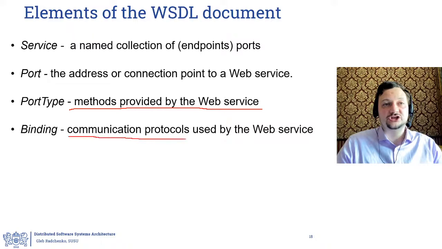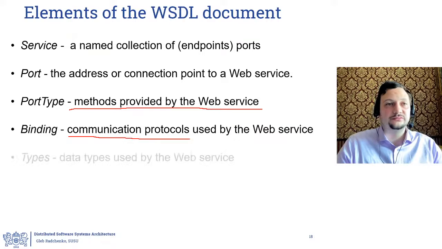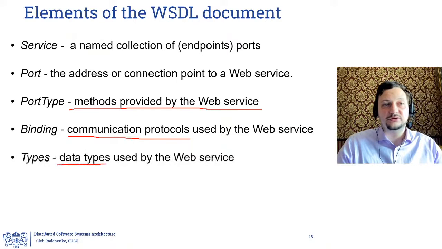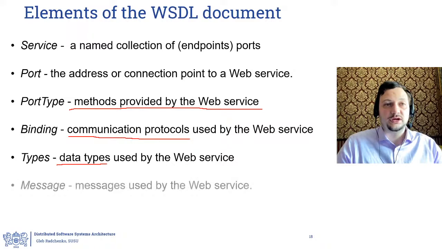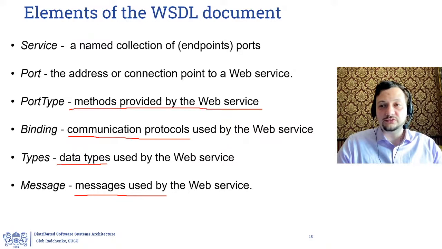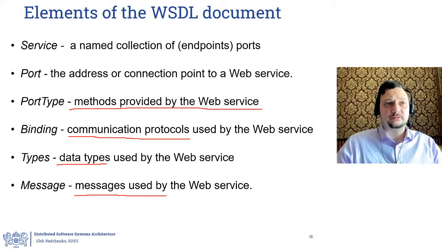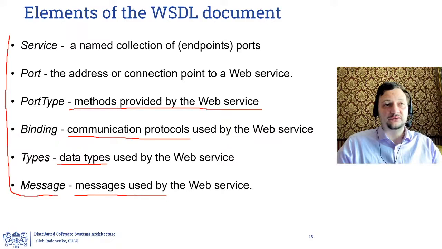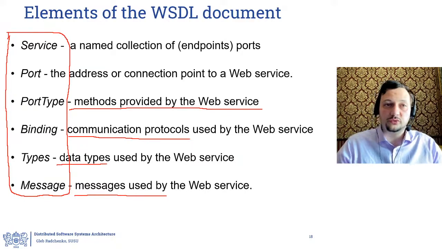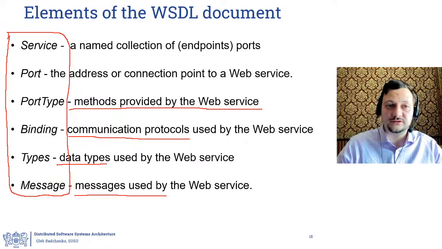Binding is a communication protocol that we use to establish connection to the web service. Types are data types that are used by the web service. And messages are the messages that we use to connect to our web service and to get results from our web service. These are the key elements of the WSDL document, and they describe how to work with our remote web service.